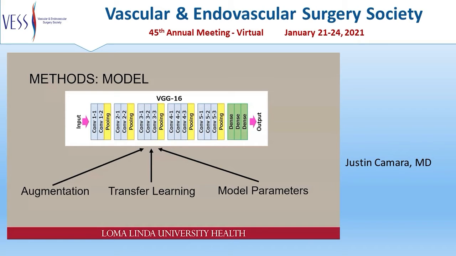We also applied transfer learning, which involves using a network that is pre-trained on a large set of non-specific images, and then taking that model and using it for a specific task, which allows the model to be trained more quickly and more accurately. And we also iterated multiple model parameters to arrive at the best performing model.